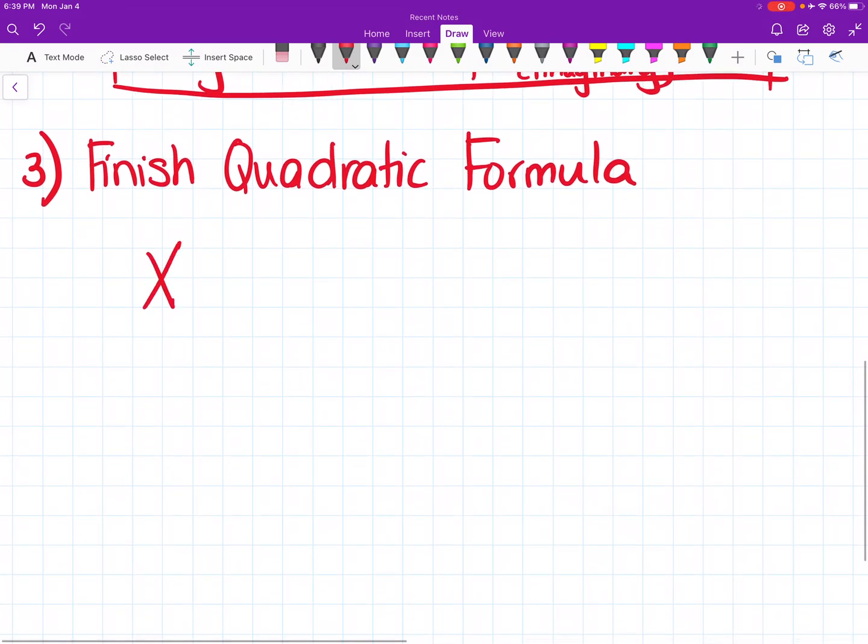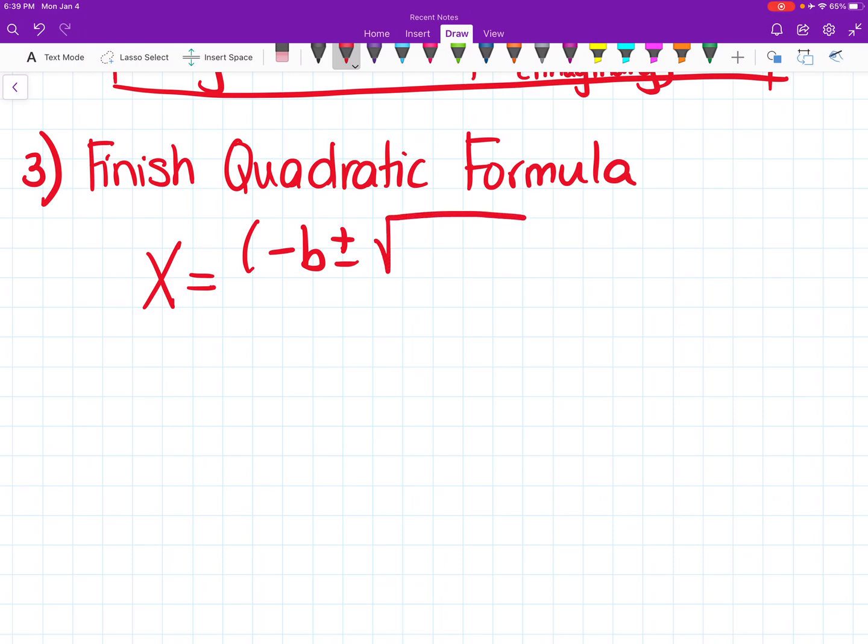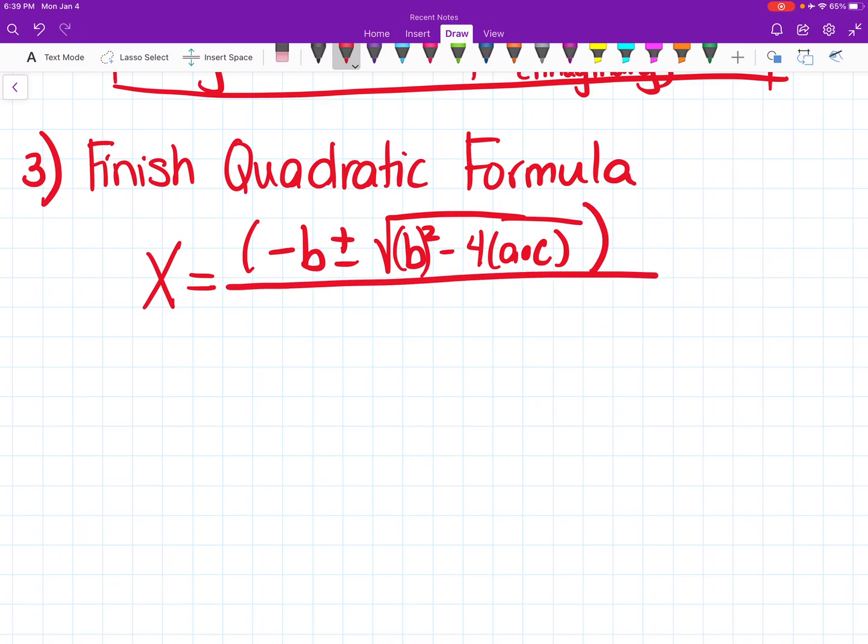They do not have it on there. X equals negative b plus or minus the square root of the discriminant, which we already have figured out, b squared minus 4ac, all over 2a.